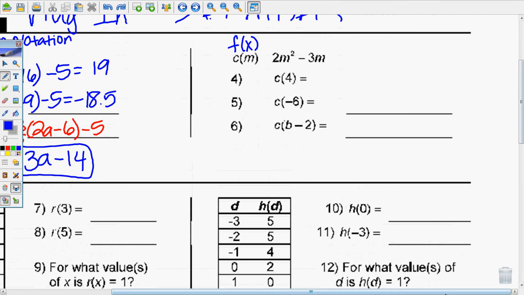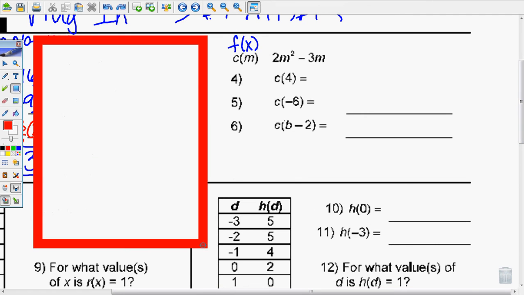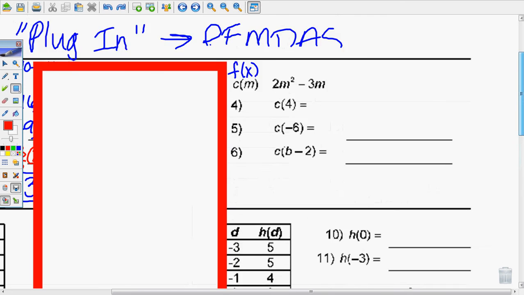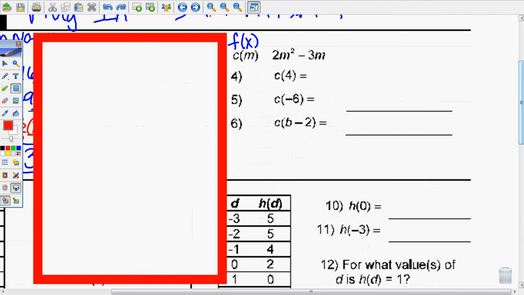All right, so on the first one, the work you should have shown is for the m, what value did I substitute in? 4. So for m, I'm substituting in 4. So I have 2 times 4 squared minus 3 times 4.